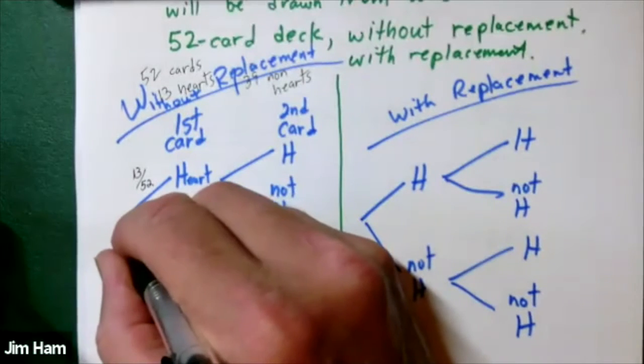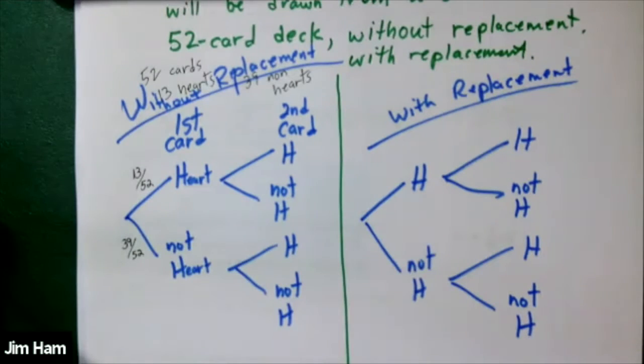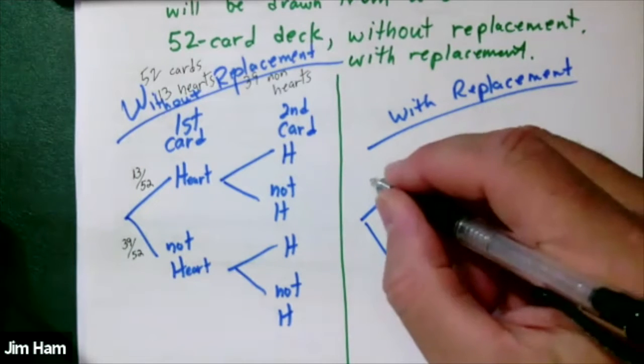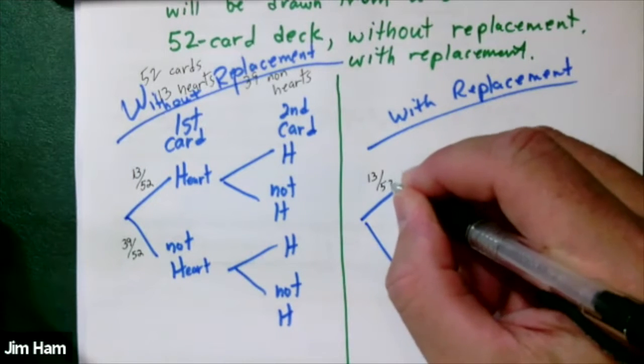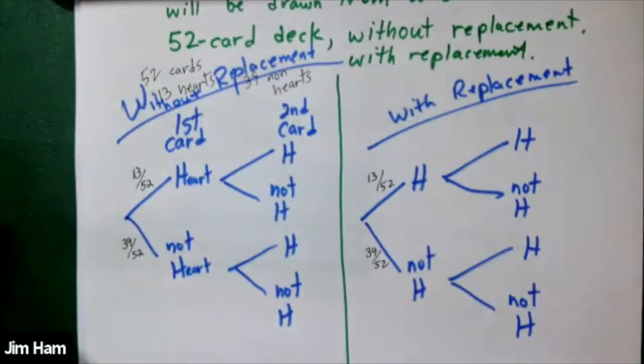And the probability of getting something else would be the probability of getting a diamond or a spade or a club. There are 13 cards in each suit, so 13, 13, and 13 would be the 39. And it turns out your first draw over here with replacement is the same, because in the experiment, we're drawing the first card from a 52 card deck. So it makes sense that the probabilities would be the same.